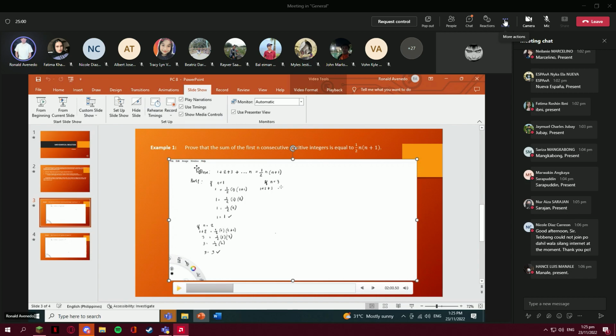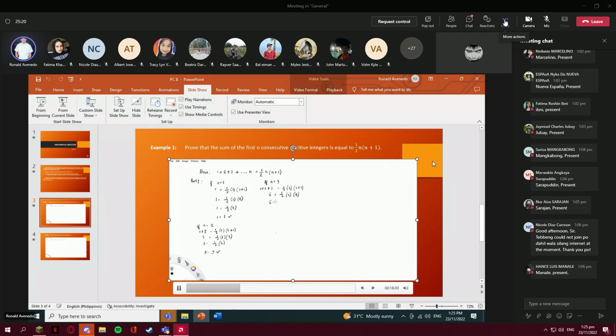Then on the right side, just substitute the value of n, which is 3. So that is 1 half of 3 times 3 plus 1. Then 6 is equal to 1 half of 3 times 4.